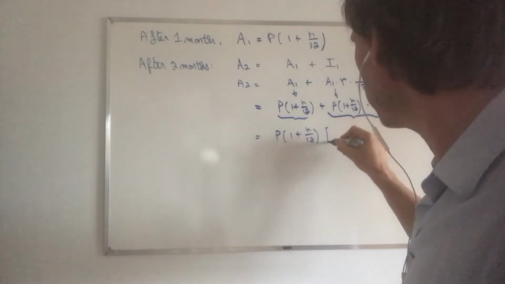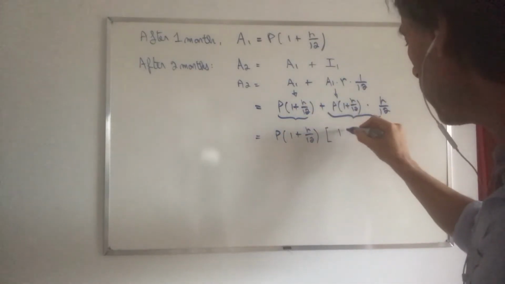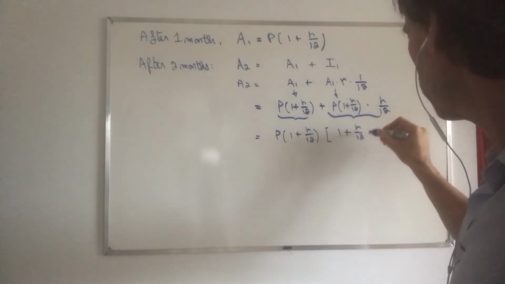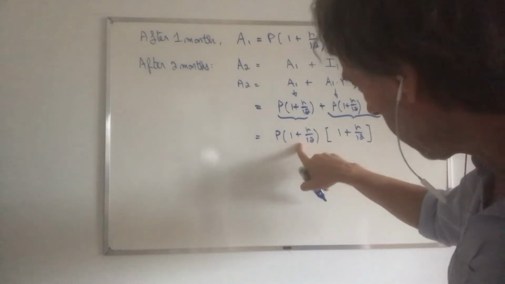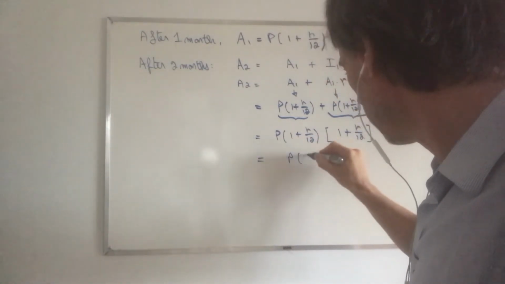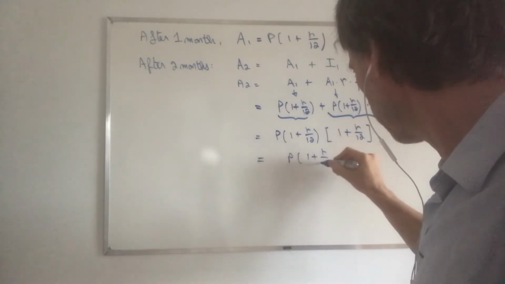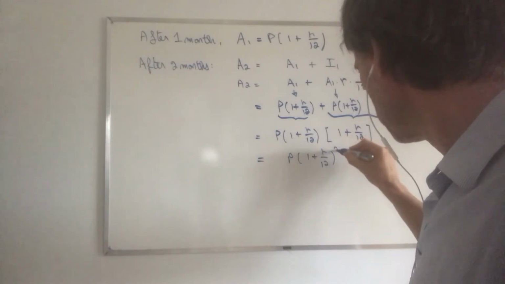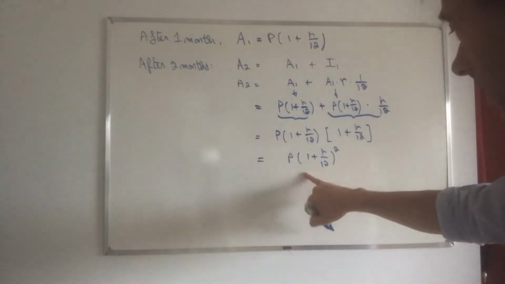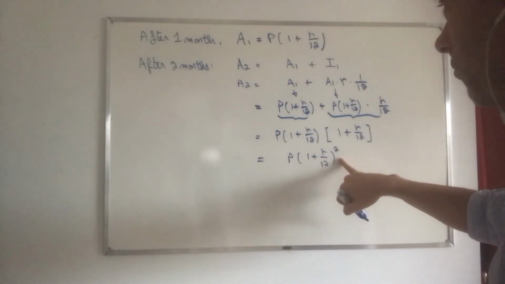That is what's common. Take it out from here, you get 1. Take it out from here, you get R over 12. And now (1 + R/12) times (1 + R/12) gives P(1 + R/12) squared. So after 2 months, you get P times (1 + R/12) to the 2. Interesting, isn't it? You're starting to see a pattern because you're a clever bunch.